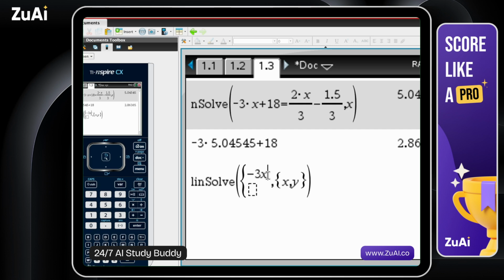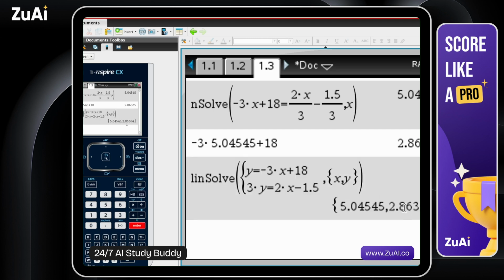Negative 3x plus 18. But here again, y is equal to negative 3x plus 18. And now we have 3y. I'm somewhat doubtful that this will work, but it's possible it will. Okay, so that was actually much, much easier.